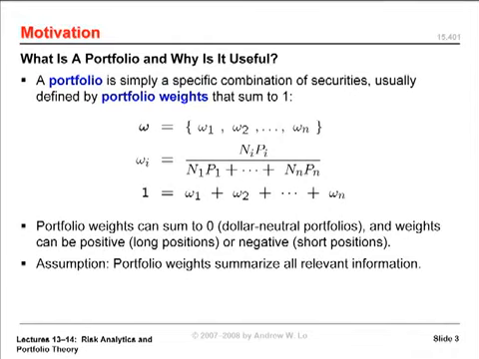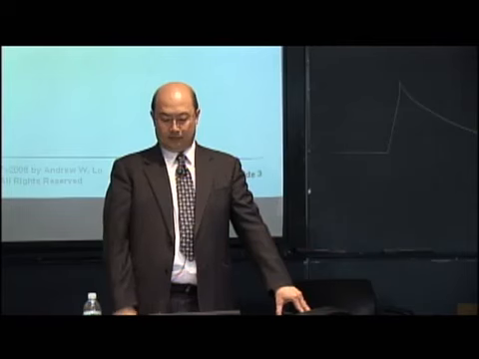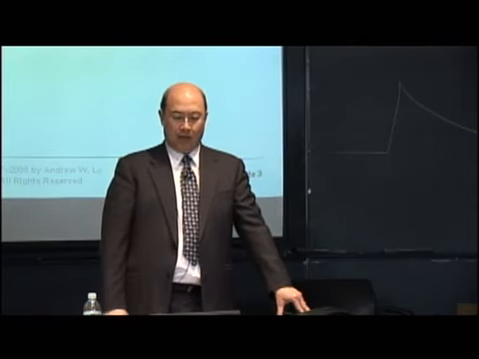And if you want to be clear about how to define it, each weight is simply the number of shares of security i multiplied by its price, divided by the sum of all of the values of your securities in your entire collection, right? Any questions about this? Very basic stuff, but it's important to get it right up front, okay?